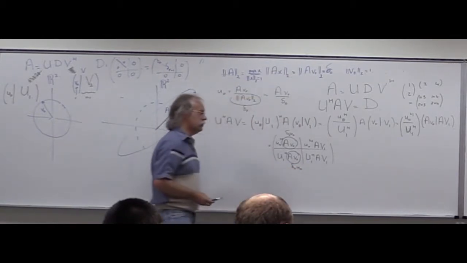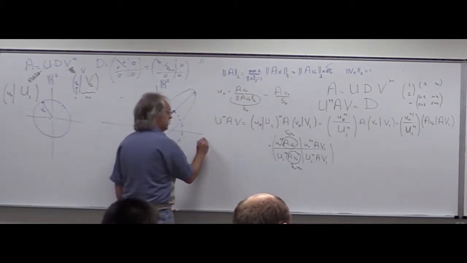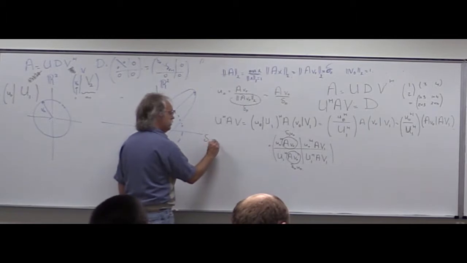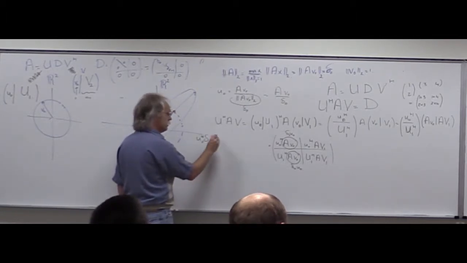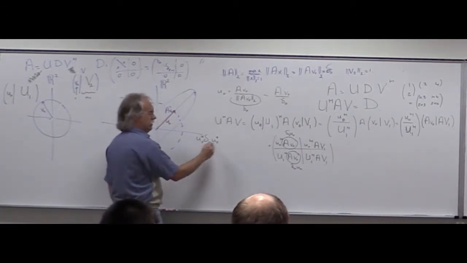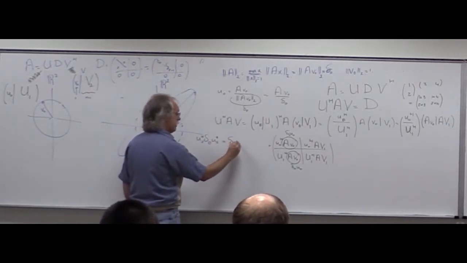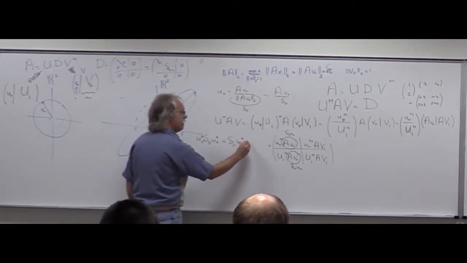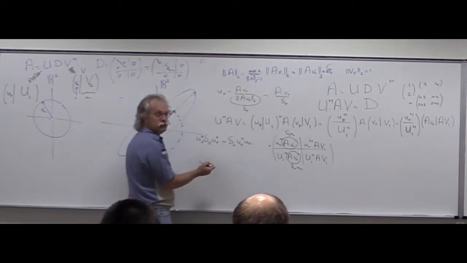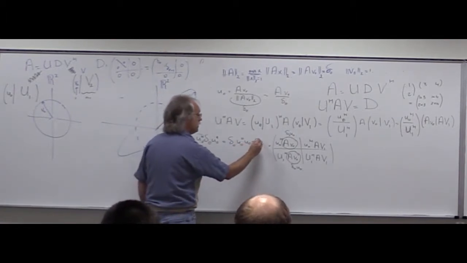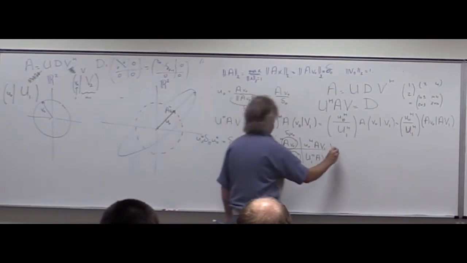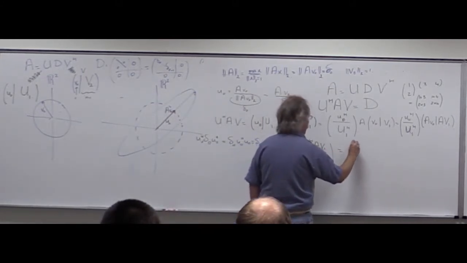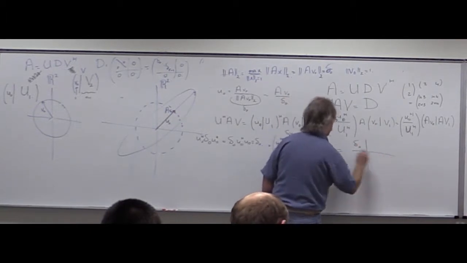But notice that U0 Hermitian delta 0 times U0 is the same as bringing the scalar up front. But we picked this vector to be of length 1, so that's just delta 0. So the good news is that in our matrix, we at least have a scalar in the right place.